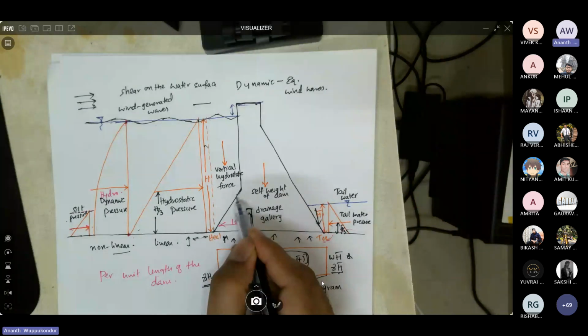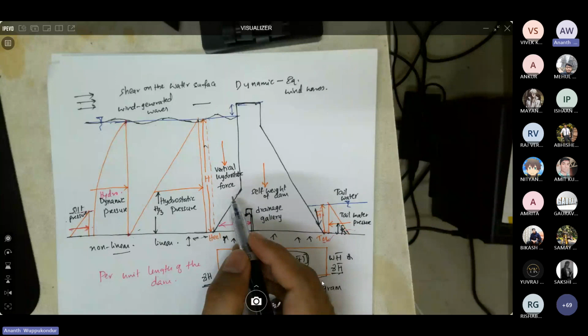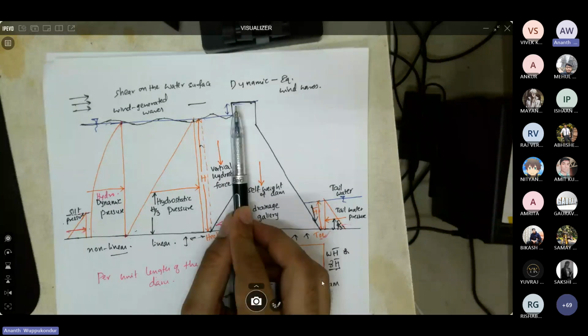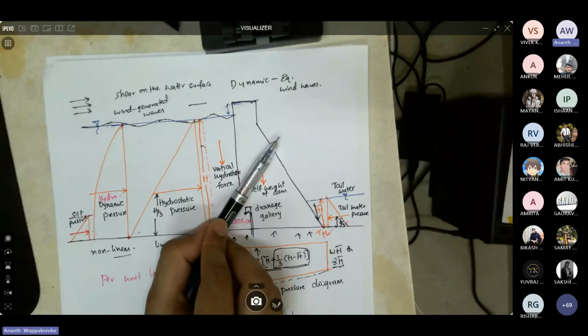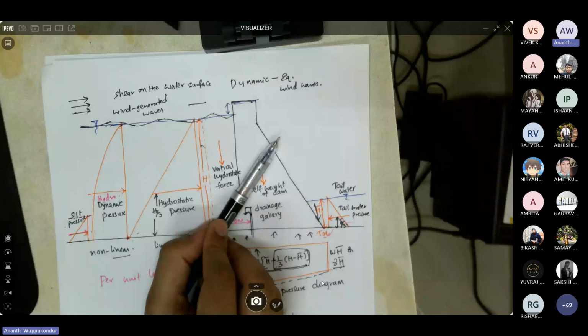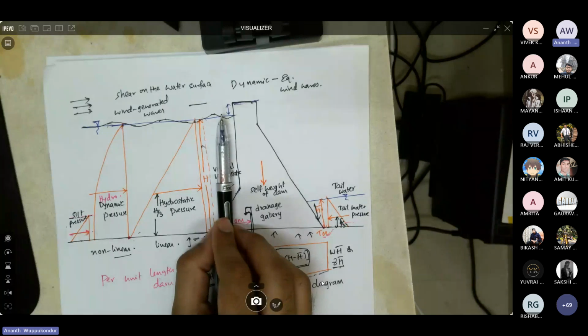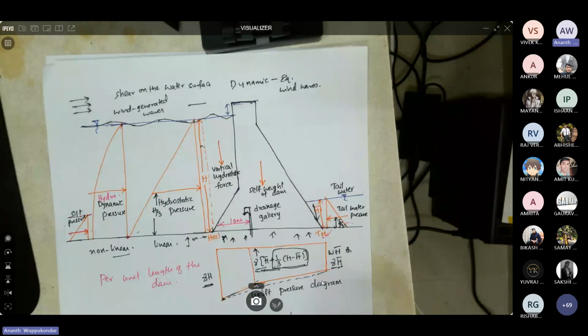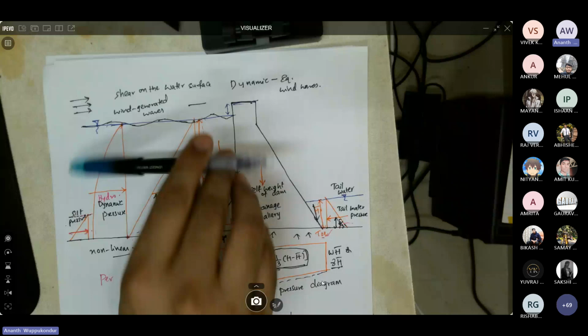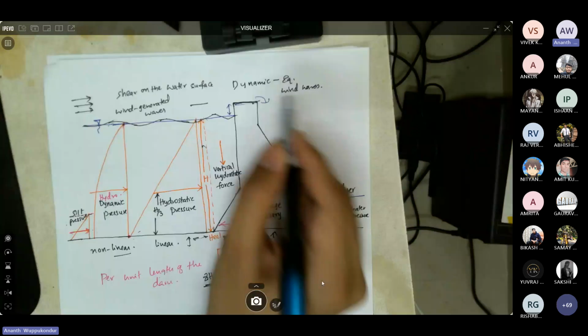If you just consider a vertical face on the upstream, then it may not be sufficient to withstand the forces. By providing an inclined face on the upstream, you have water acting downwards, and that is going to provide you stabilizing moments. The overturning moments are in the clockwise direction, and the stabilizing moments are anti-clockwise.